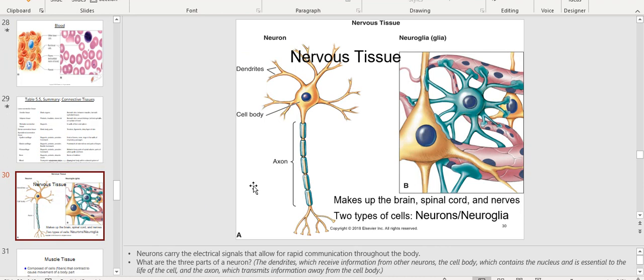Nervous tissue. These guys here are very easy to identify because you have your cell body up here, nucleus inside, but you have your axon. And see, the message comes from here.